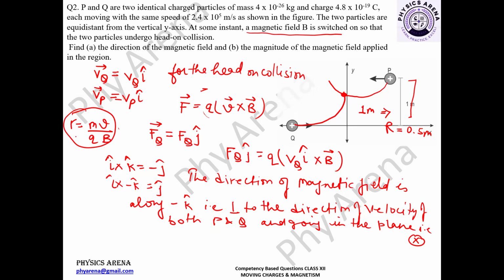So R value is 0.5, Q value is 4.8 into 10 to the power minus 19 coulomb. M is the mass of the charged particle, 4 into 10 to the power minus 26 kg. And V is 2.4 into 10 to the power 5 meter per second for both the particles. So we can use these values.